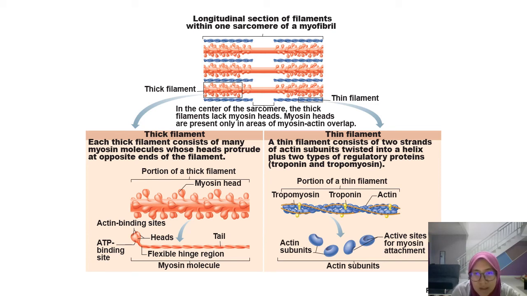Tropomyosin is the orange line here that holds the troponin, the yellow dot here. Okay, troponin is actually the place that will attach with calcium later in the sliding filament theory in muscle contraction. Okay, that one we save for later.